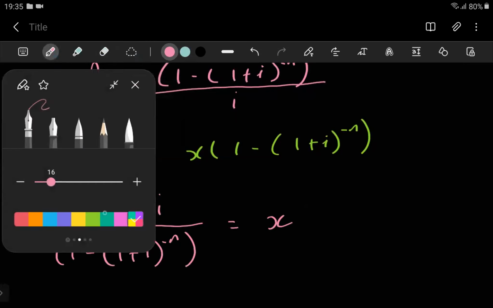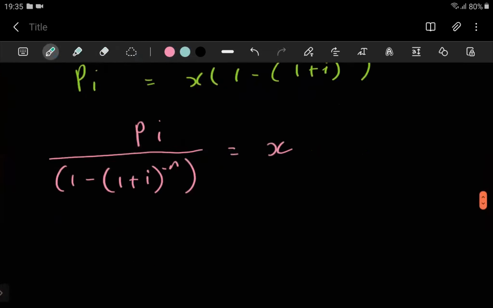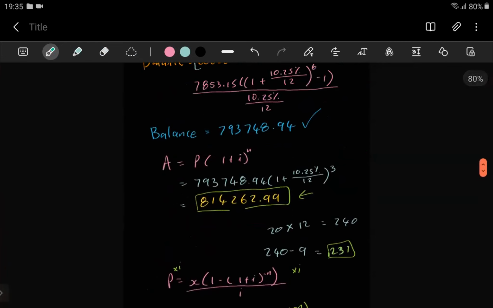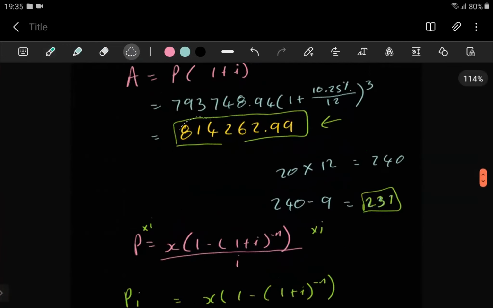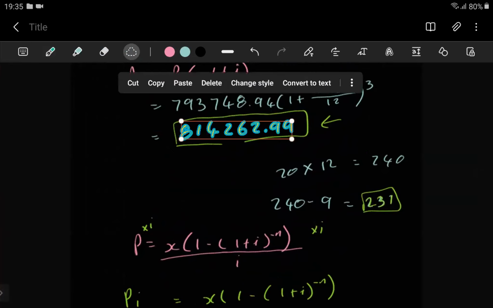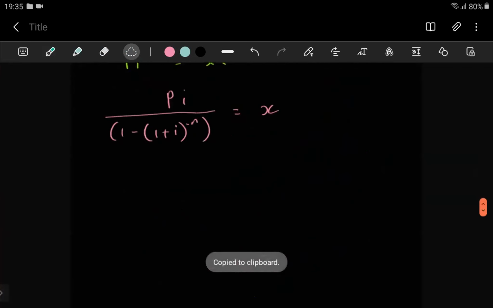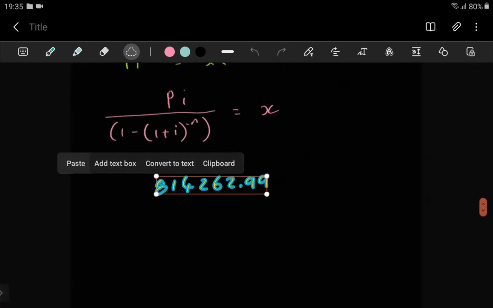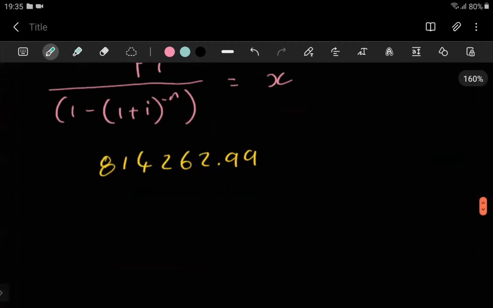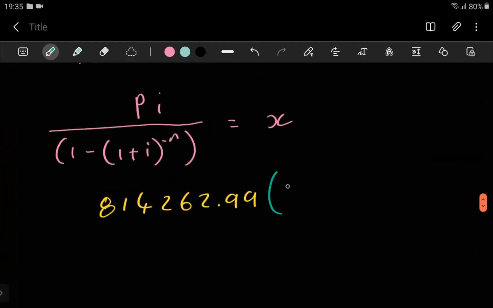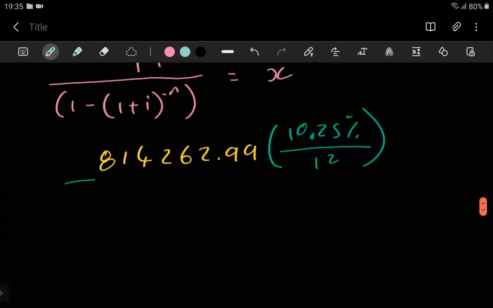And in this situation, we have to put in P. What is P? P is this amount here. So let's copy and paste. The interest rate here is 10.25% over 12. You might as well put all this in the calculator already.